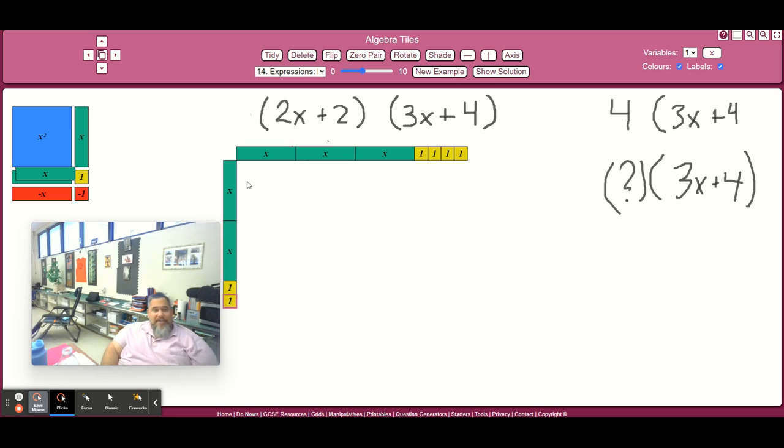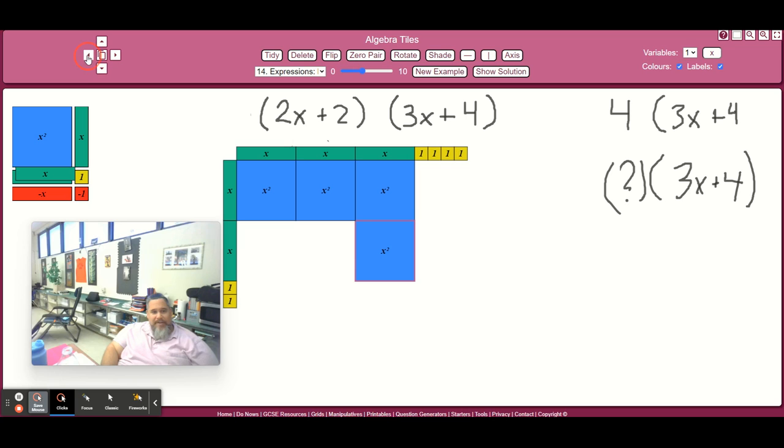Now we just fill in the spaces. Guys, if we have x length, x width, or vice versa, then we have x squared. So I'm going to come in here and fill those in. Looks like we have more down here, down here, down here. What's cool about this is I'm just thinking what piece would fill this in? Watch.